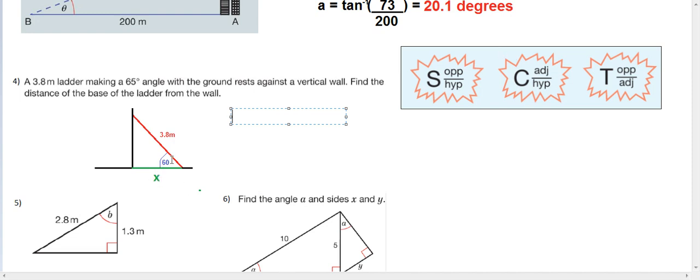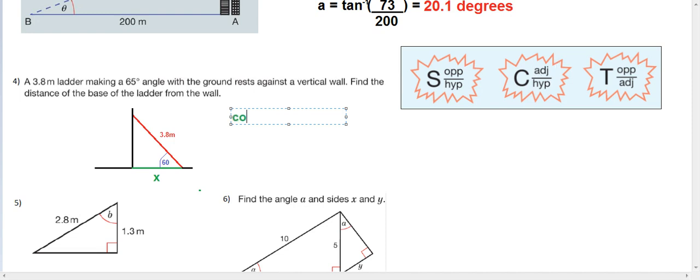This function must relate the adjacent side, because it's touching the 60 degrees angle, and the hypotenuse, because the ladder here is the hypotenuse, since it's opposite the right angle. So the function that we must use must relate adjacent side and hypotenuse, and as you can see it is this function. The cosine function is equal to the adjacent divided by the hypotenuse. So let's go for it.